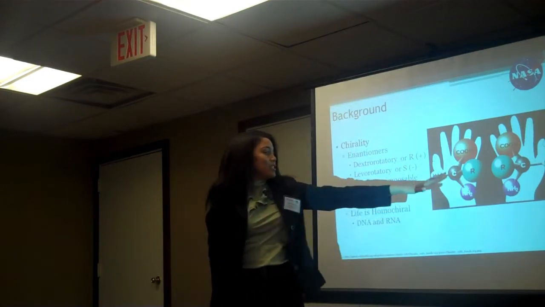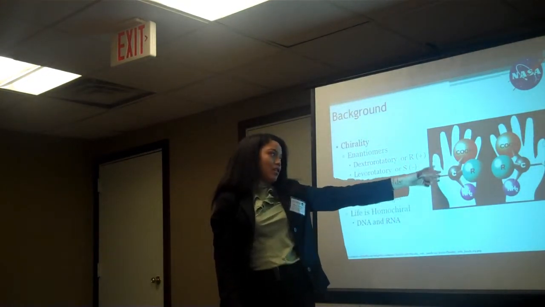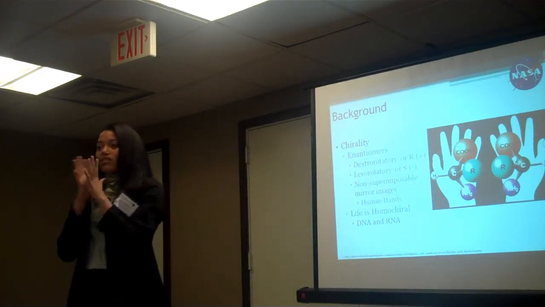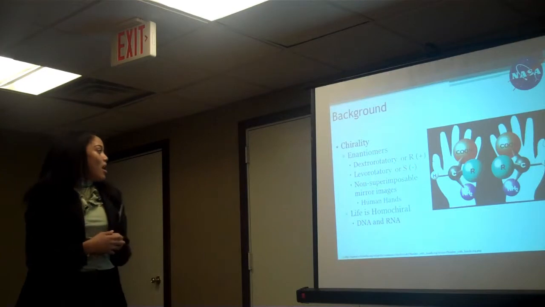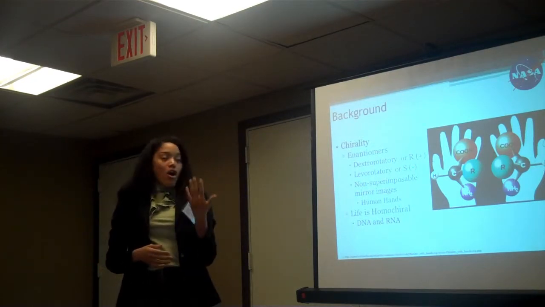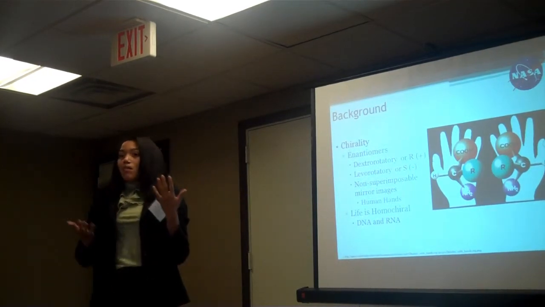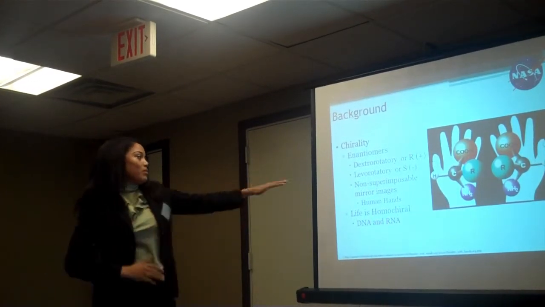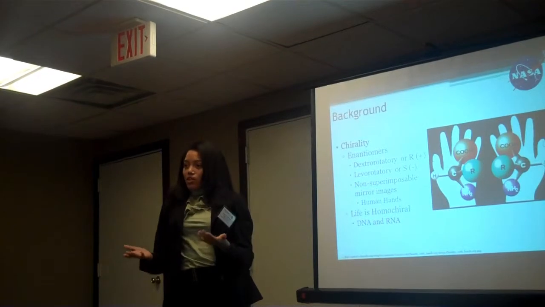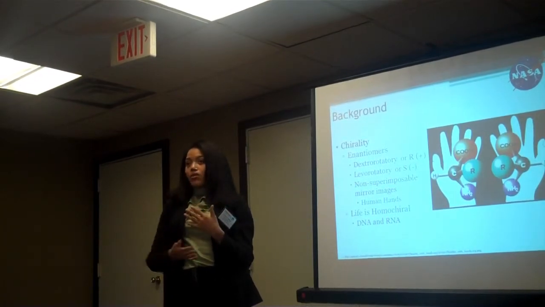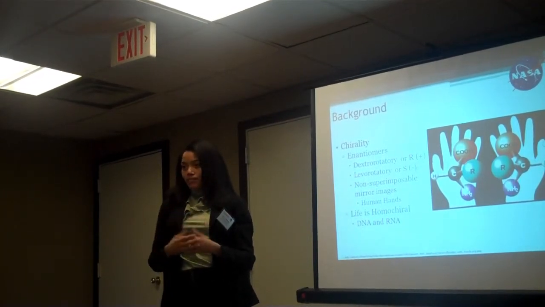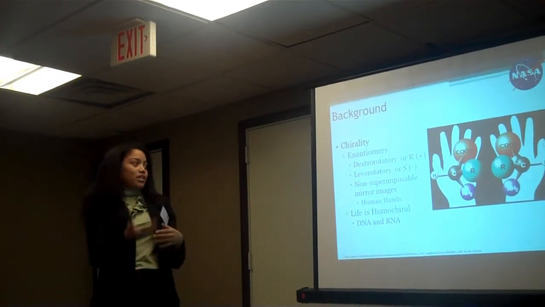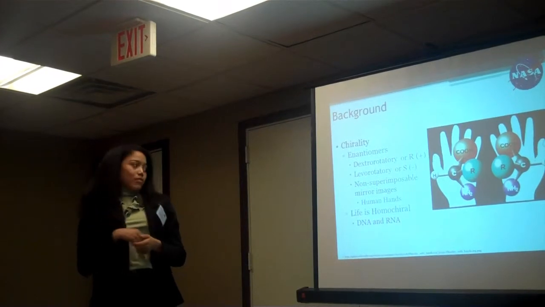If you see the palm as a carbon atom, and your fingers as the different substituents, they're not superimposable mirror images, and they can either be R or S. Enantiomers are the same in every physical context, except for the way that they rotate light. R rotates light in a positive direction, whereas S rotates light in a negative direction.